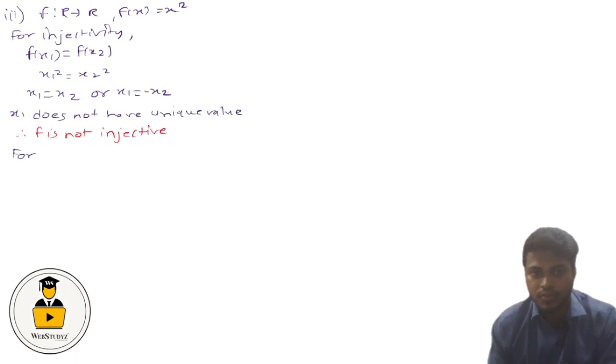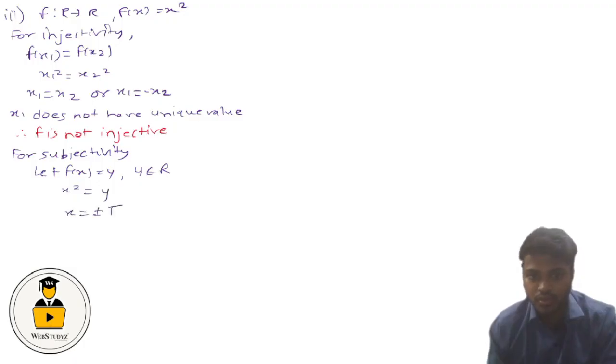Now we will check for surjectivity. So we will assume let f of x equals y such that y belongs to real numbers. Our f of x is x square, so from here x becomes plus minus root of y. Now since y belongs to real numbers, it can be positive and negative also.